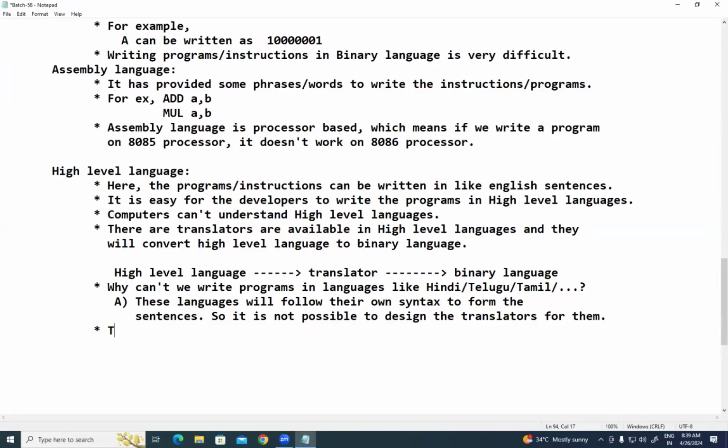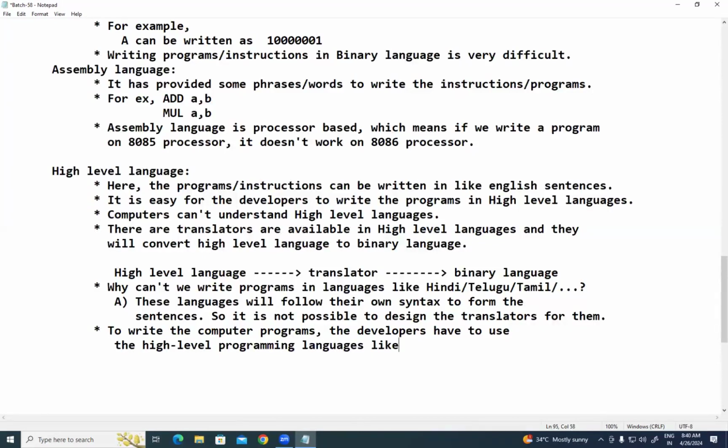So tell me, to write the computer programs, the developers have to use the high-level programming languages like Java, C#.NET, C, C++, etc.